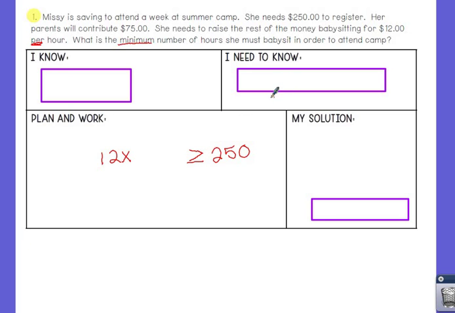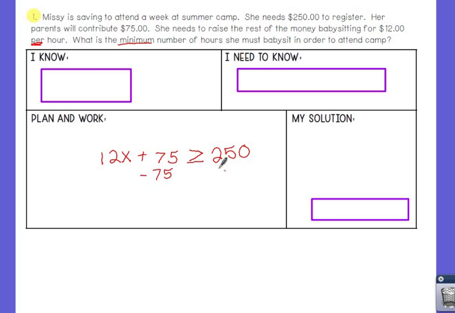Then it said something else about her parents contributing money. Is that adding to the amount of money she has or subtracting from it? It's being added. So parents are adding $75 to what she makes. There is my inequality.